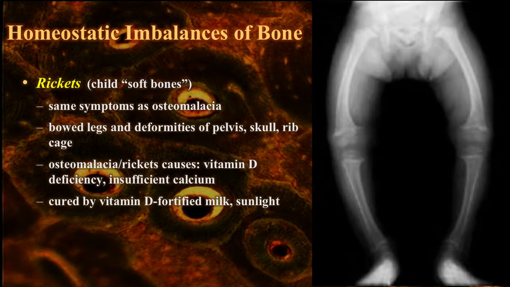Both of these diseases are caused by lack of vitamin D or insufficient calcium intake. So you're not getting in the calcium for it to be deposited on the bone. Okay? We can cure it by giving them vitamin D fortified milk so they get plenty of vitamin D. Let them sit out in the sunshine for a little bit, make their own vitamin D, and then they can get their calcium absorbed into their body.